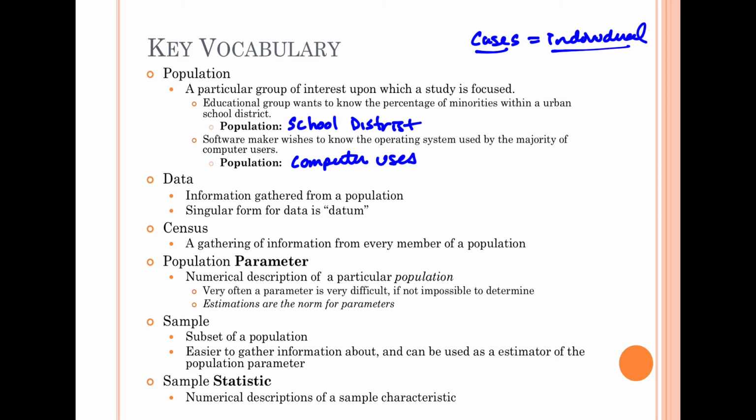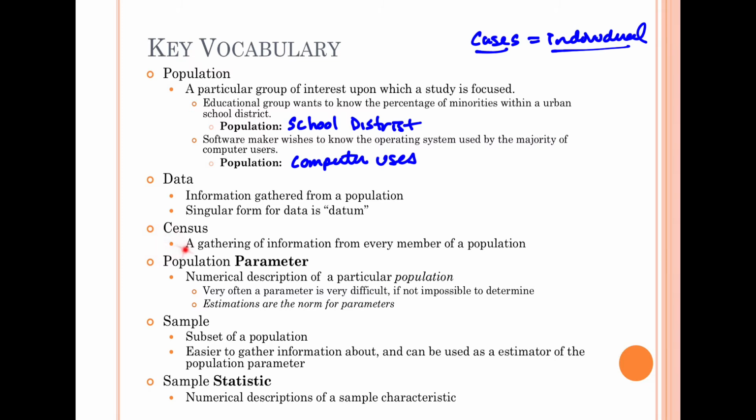All right, if we're focused on this population, there's something we want to get from it, and so that's what we gather. The data is the information that we gathered from the population. The singular form of data is datum. Probably will never use that word, but that's just a piece of trivia for you.